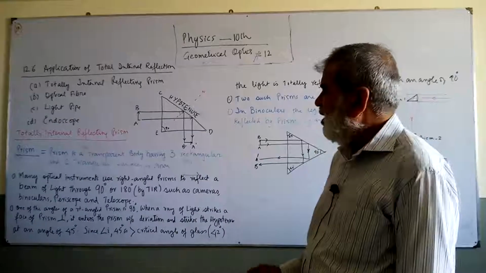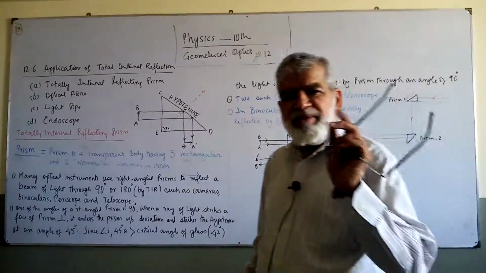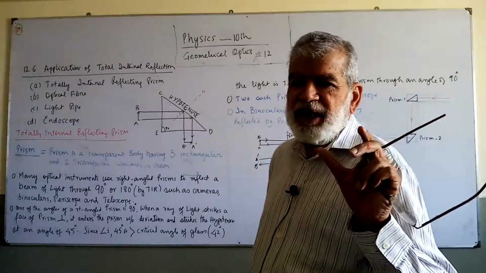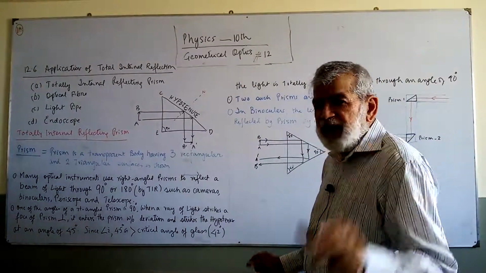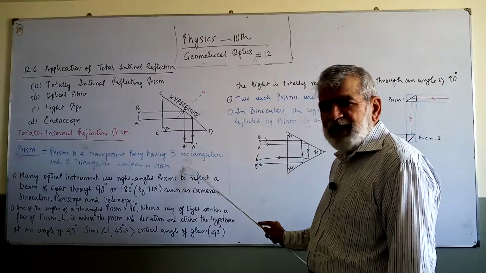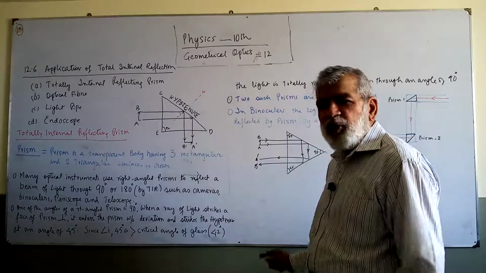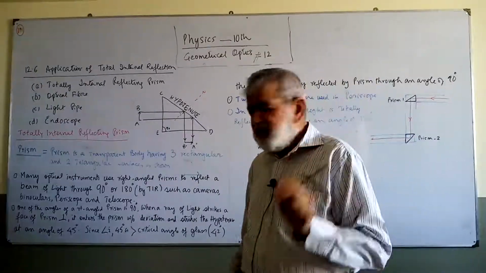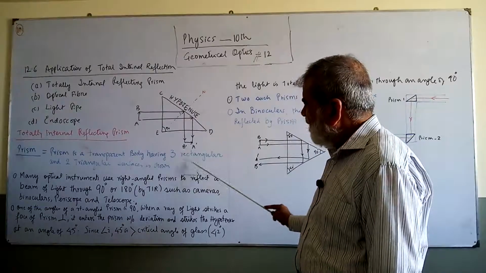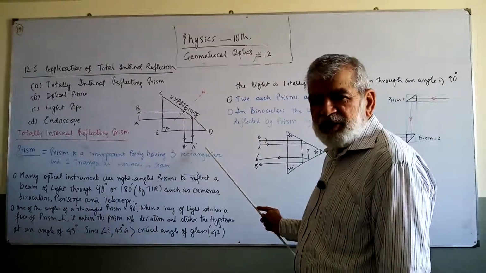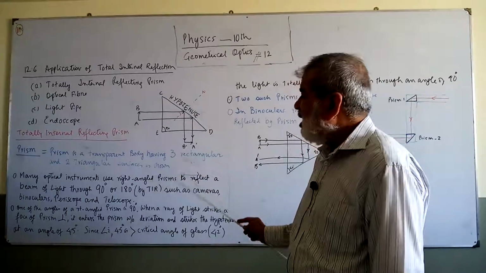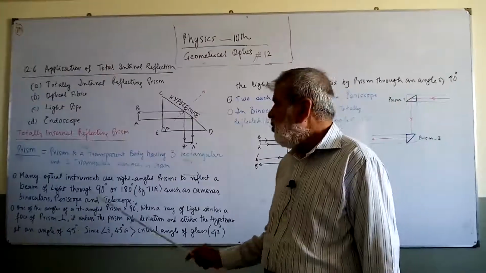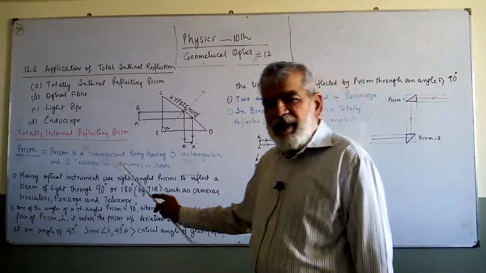A prism is a body made of transparent material, glass or transparent plastic, two of whose sides are triangular. This side and the back one of it, these 2 sides are triangular, and these sides are rectangular surfaces.